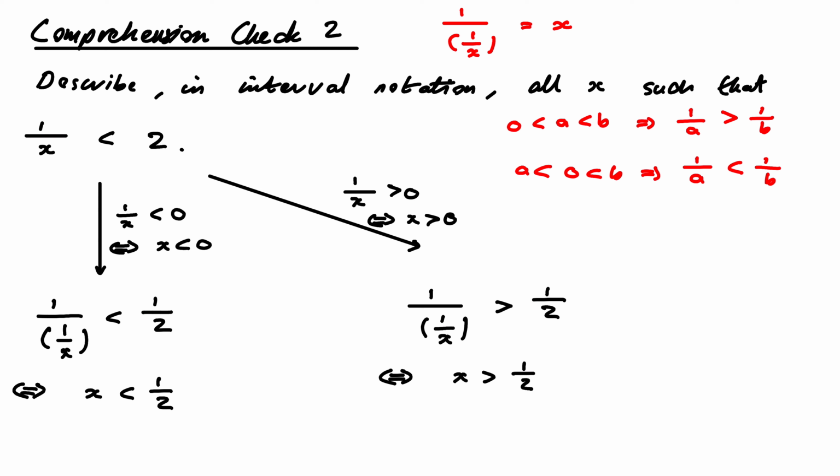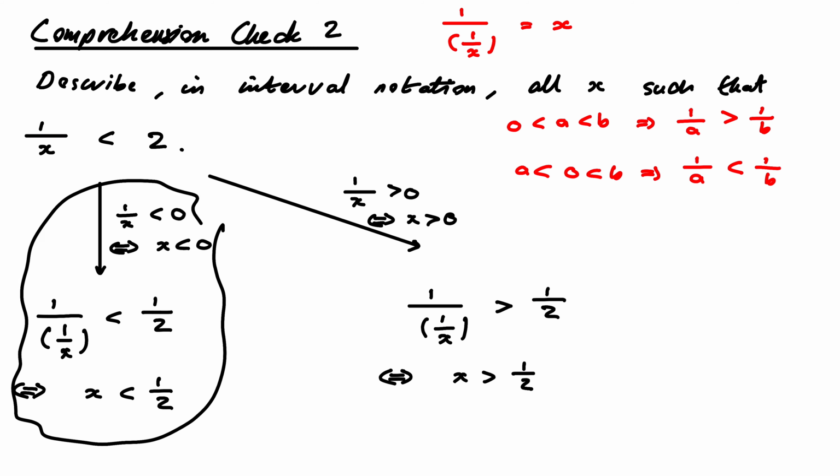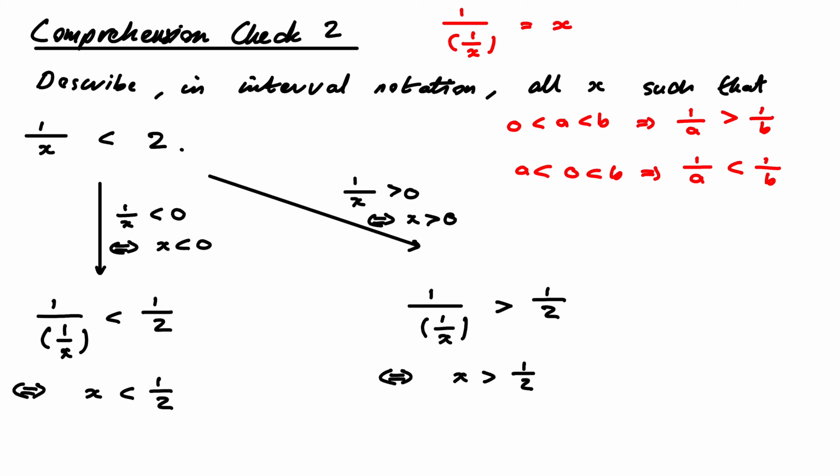So let's think about this a moment. It's very confusing, right? These two things are different from each other. Remember, I only need one of these to happen. And this side is probably the most confusing, I think, because really what happens here is, okay, if x is less than 0, then in order for this to work, we need x to be less than a half.